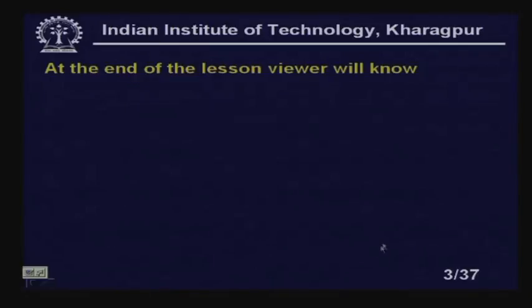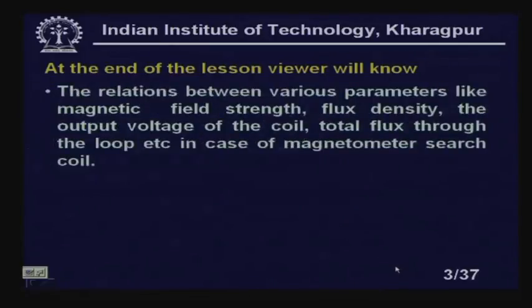Now, at the end of the lesson, the viewer will know the relation between various parameters like the magnetic field strength, flux density, the output voltage of the coil, total flux through the loop, etc. in the case of the magnetometer search coil.